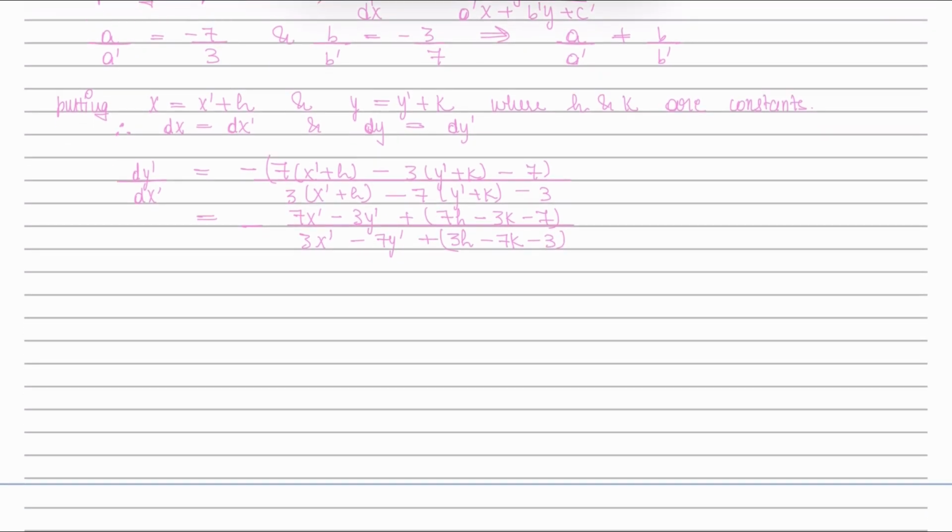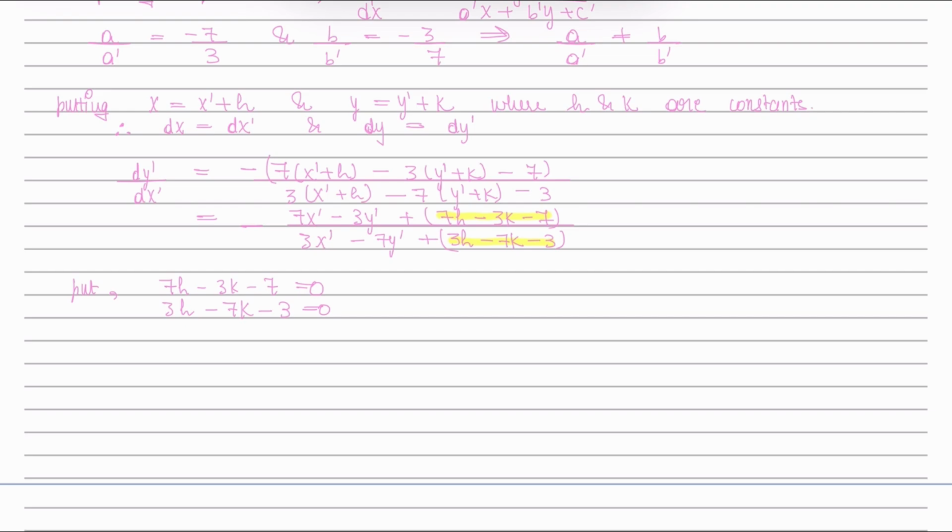The next thing we have to do is equate these two equations to 0 and find the value of h and k from here. 7h minus 3k minus 7 is equals to 0. 3h minus 7k minus 3 equals to 0. You can use any method to find the value of h and k from these two equations. You can either use elimination and substitution method, or you can just directly use the formula we have shared before.